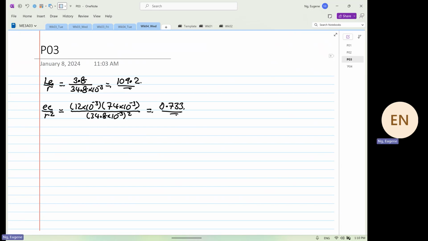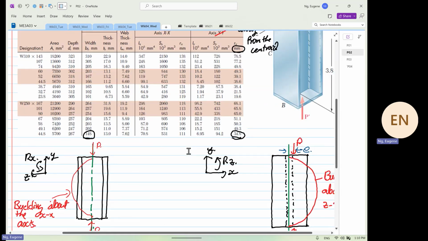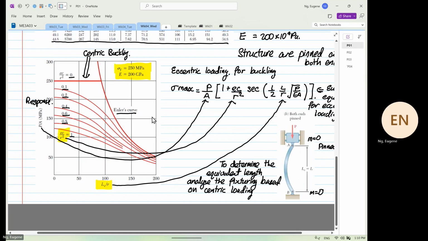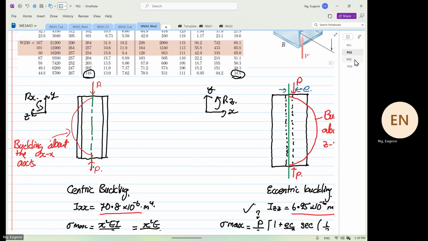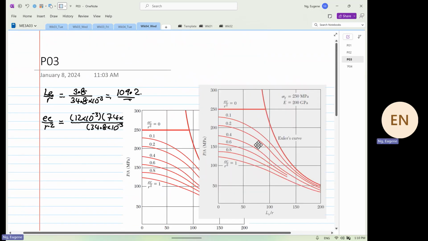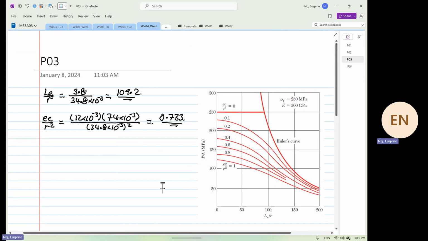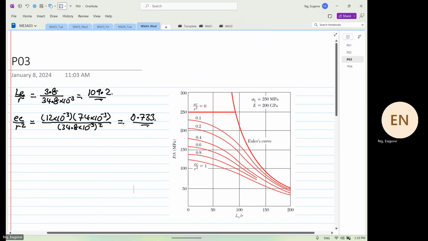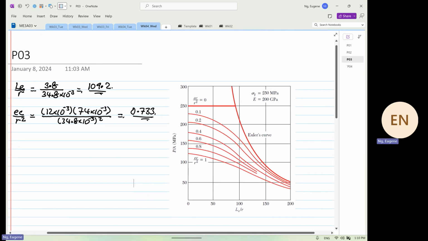Right. So now with these two values, we are now going to use this graph. So LE over R is 109.2.